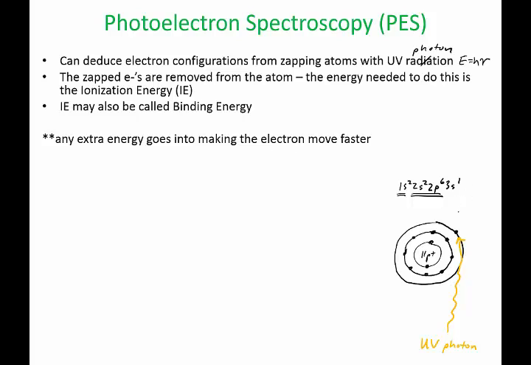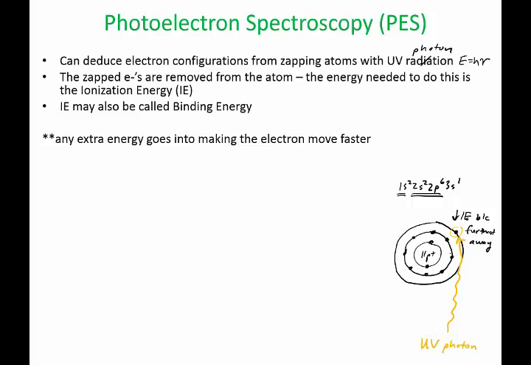This electron is going to have the lowest ionization energy out of all these different electrons here, because it's the furthest away. So this is going to be the first electron that gets removed.